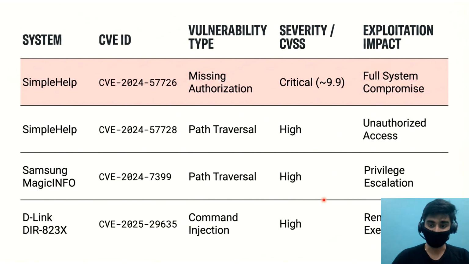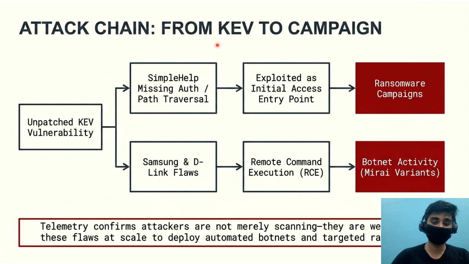Most of them are very high in nature. The exploitation impacts are privilege escalation, remediation, remote code execution, and unauthorized access. Now, the attack chain from KEV to campaign.